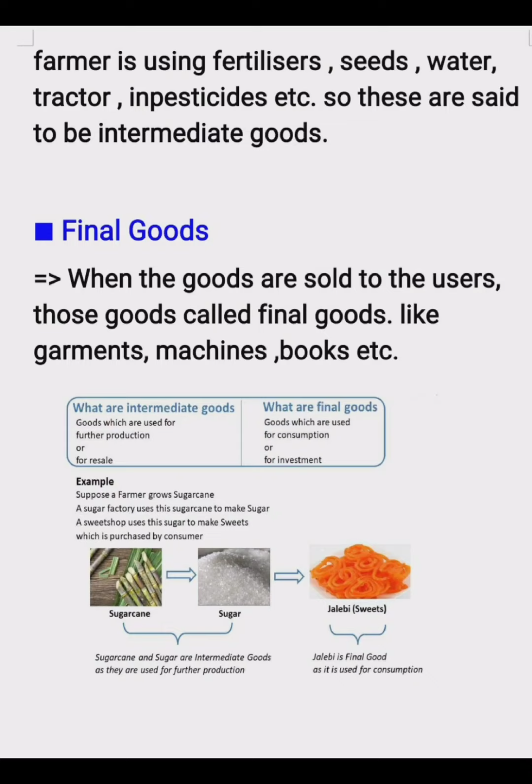A little bit I'll talk about double counting. Counting the value of a product more than once is called double counting. This leads to the overestimation of the value of goods and services produced.